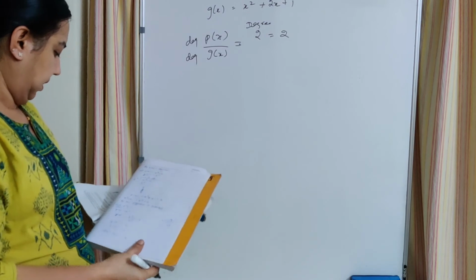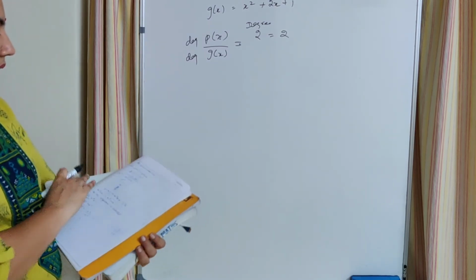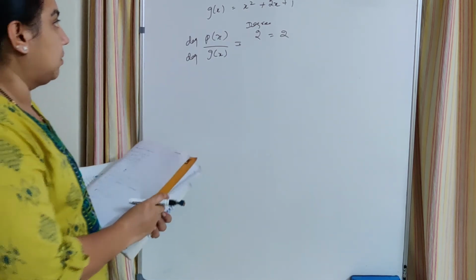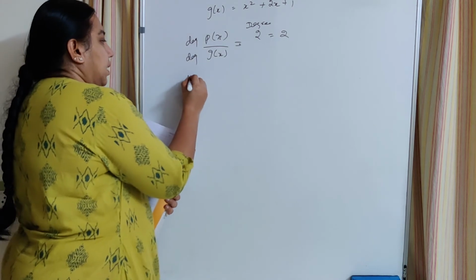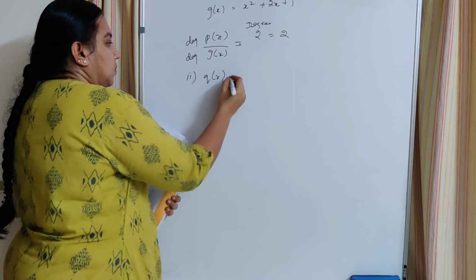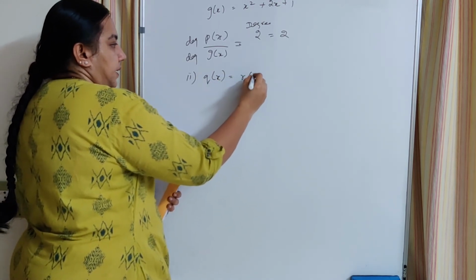And the second sum, they wanted to show us degree of q of x and degree of r of x. How are they related? And they want it to be the same. Degree of q of x, the quotient, should be equal to the degree of r of x.